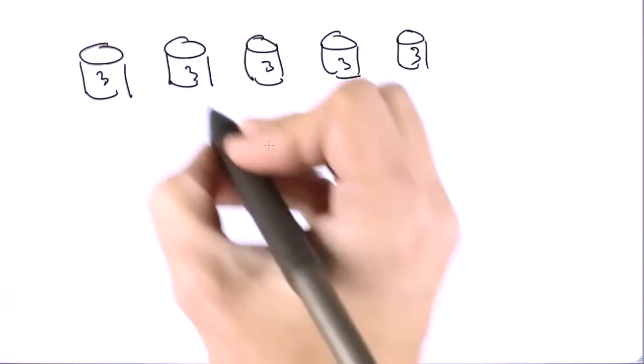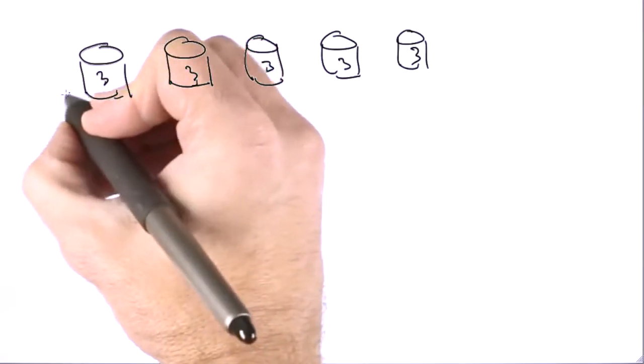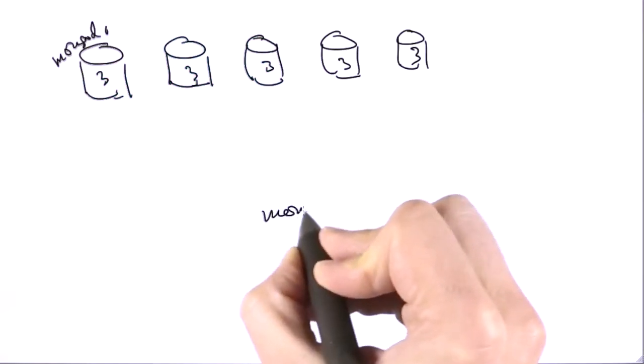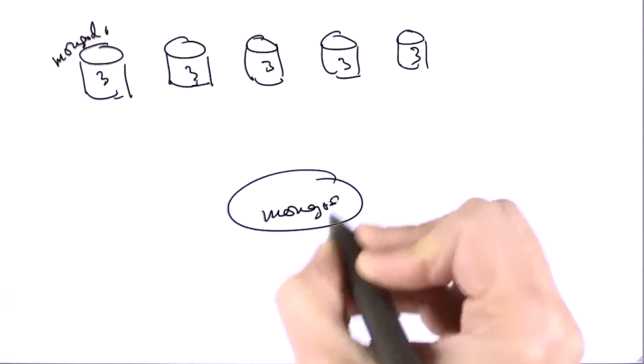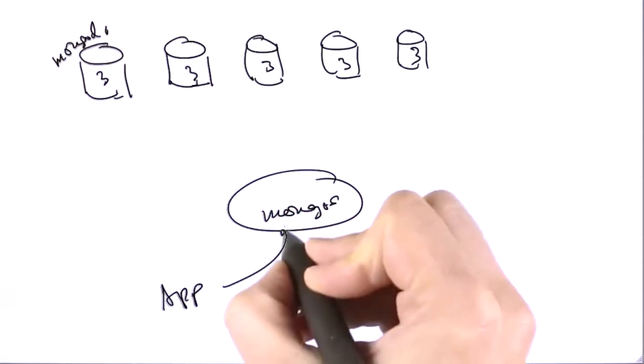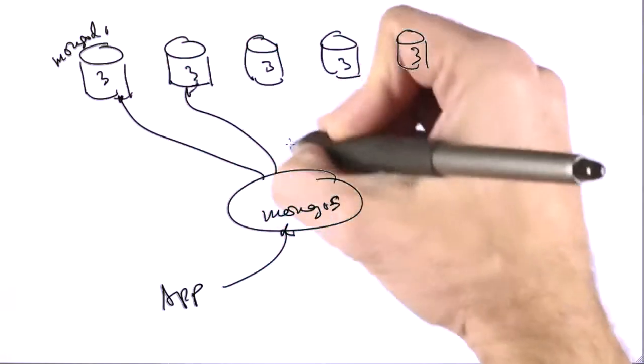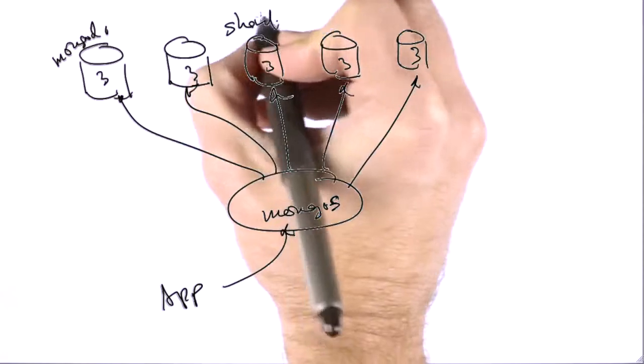And then rather than send your query directly to a mongod process, and these all have mongods running on them, you send it to a mongos process. It's a router, so your application is here, and it talks to mongos, which then talks to mongod. And each of these is a shard.